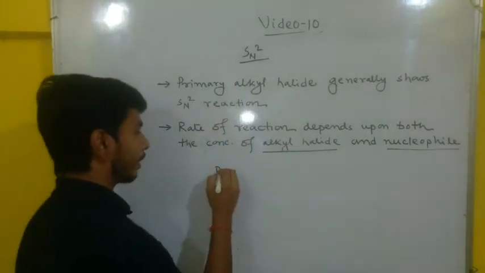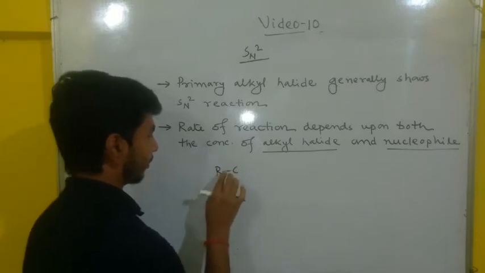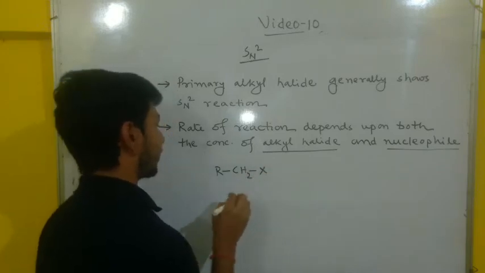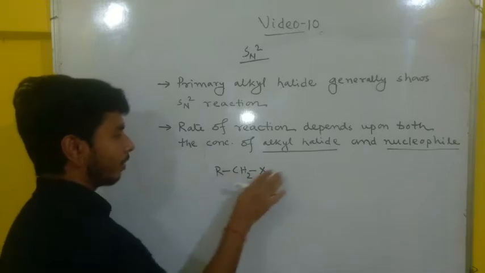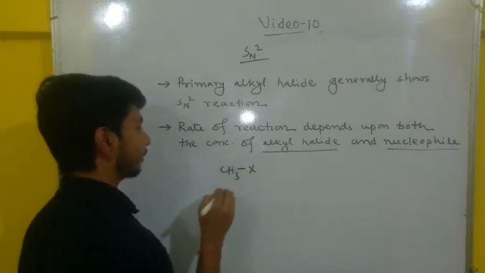Now let us consider a reaction. It is a 1 degree alkyl halide. Carbon is bonded with one alkyl group, or say it is CH3X.